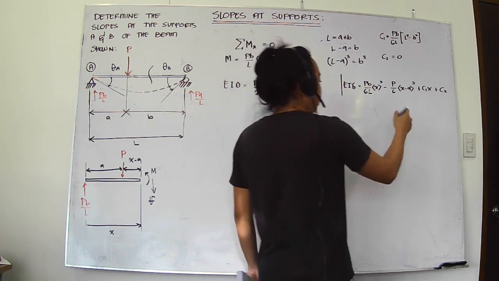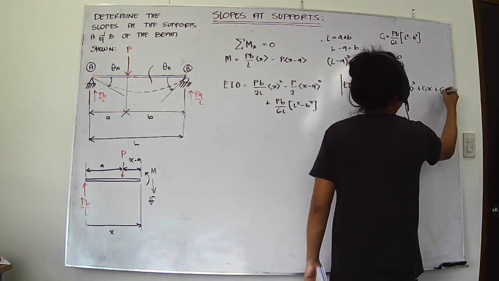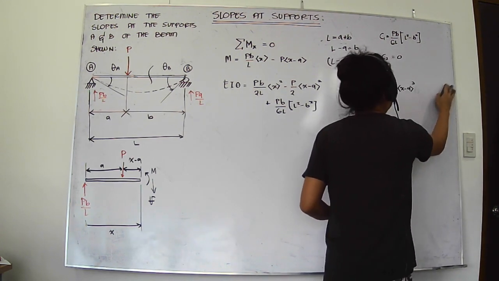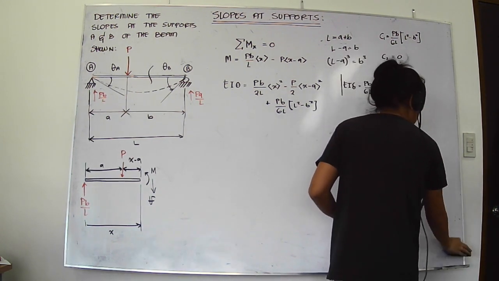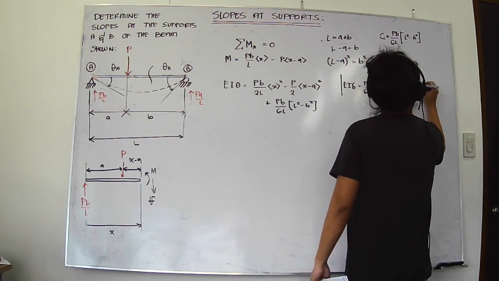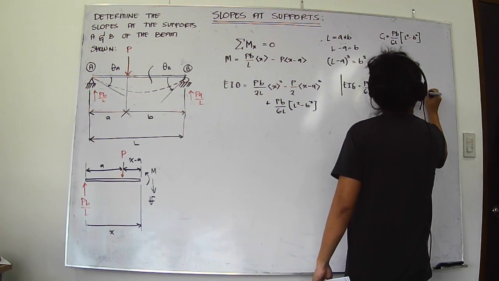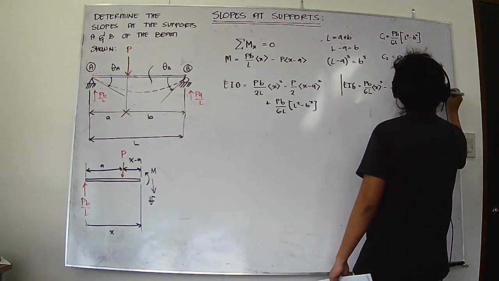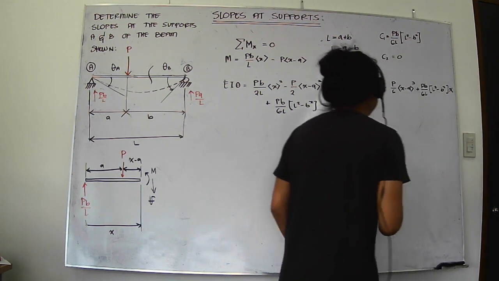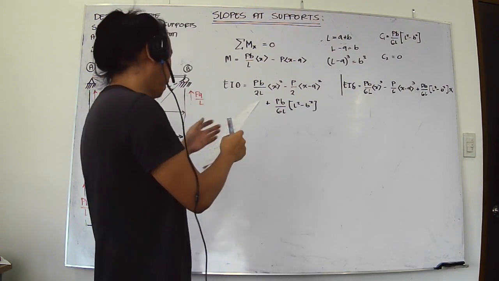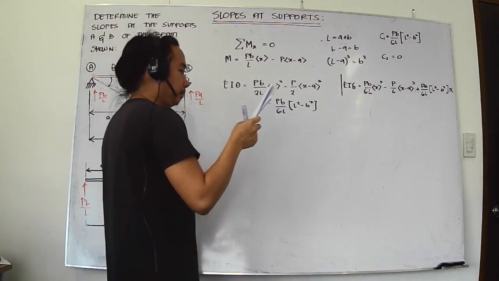So in this case, C2 is equal to 0. So this cancels out.